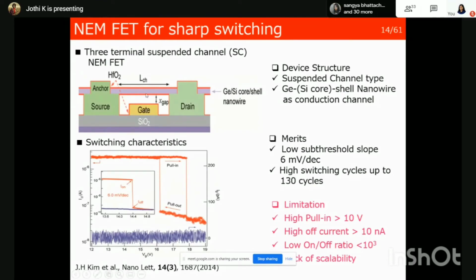This is what the typical current flow is. For example, it starts with a very low current, and at one point it suddenly collapses to your gate, and that produces the change in the current. Then you can keep it as long as you want.